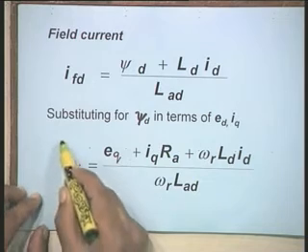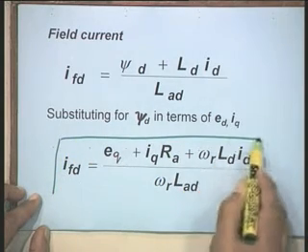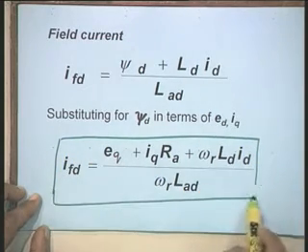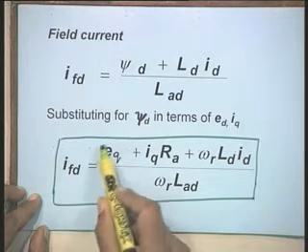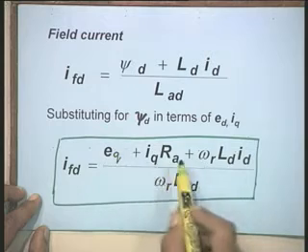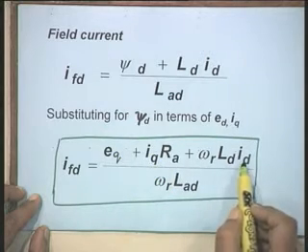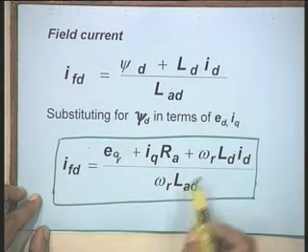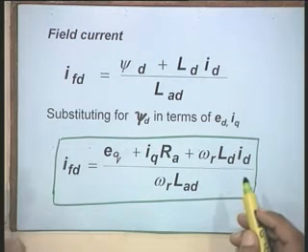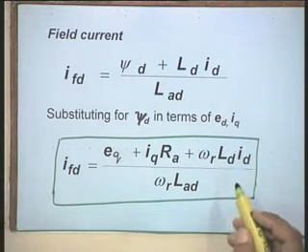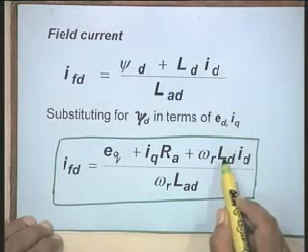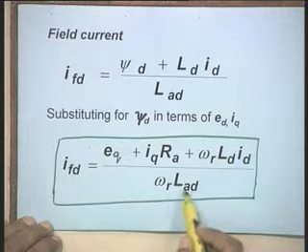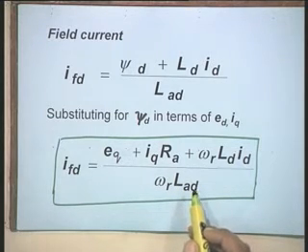we get a very important relationship. It is this relationship, that is the field current which is required to produce a certain value of EQ, IQ, ID, with these quantities known. They are all machine parameters: per unit stator resistance, per unit direct axis inductance, per unit mutual inductance between the direct axis and the field winding.